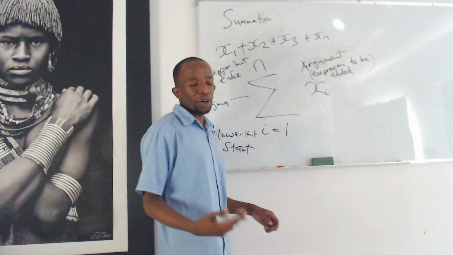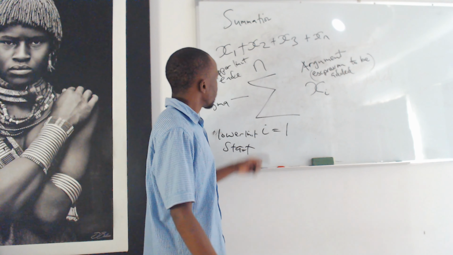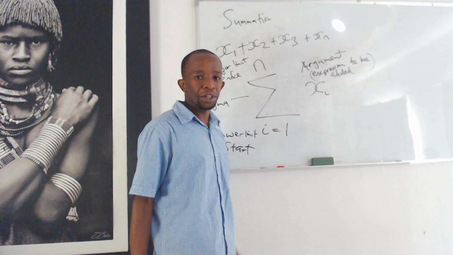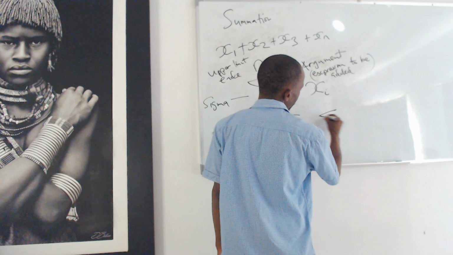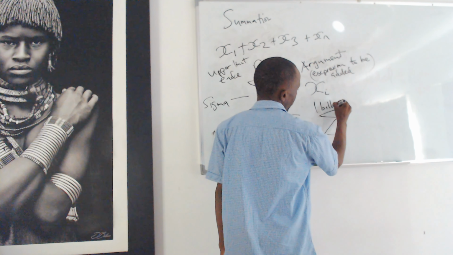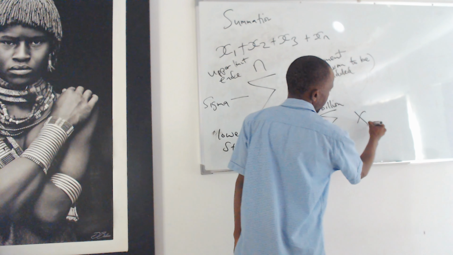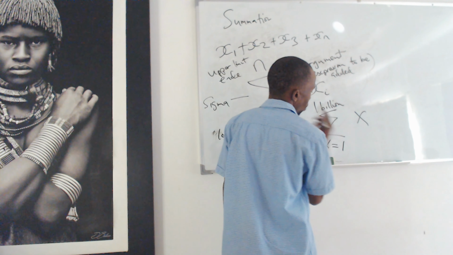For our example, for instance, we wanted to add 1 up until 1 billion. If this is 1, 2, 3, and that is 1 billion, how do we go about it? It is going to be very simple. We will have here 1 billion, and then here we can have x, and then here we can have x is equal to 1.